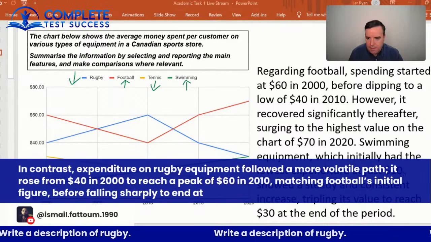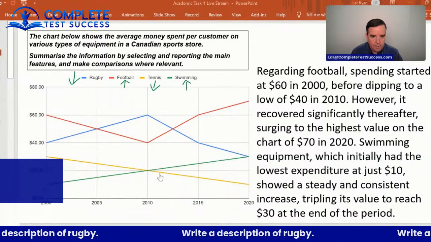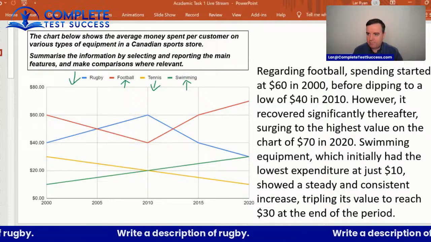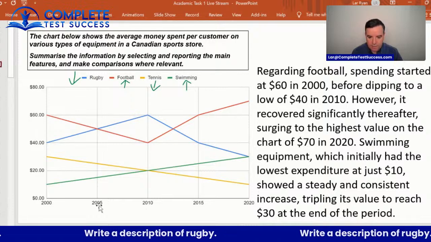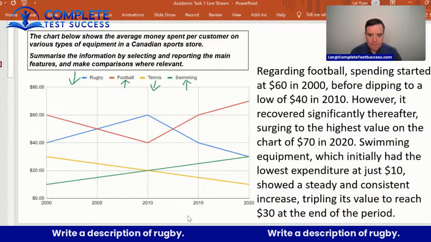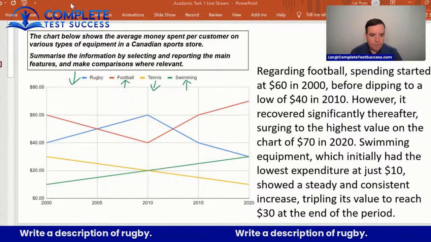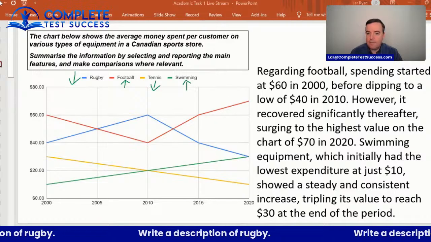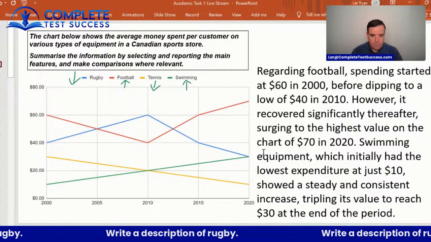Okay, and Ismail has the description of rugby. Ismail, you've been doing a really solid job this far. So what I'm going to do is I'm just going to directly copy and paste it, and I'll just talk about it directly on the page, on the document on the screen. Okay.